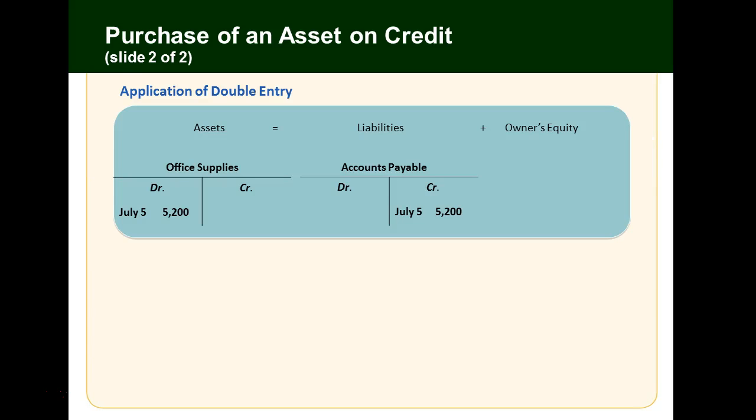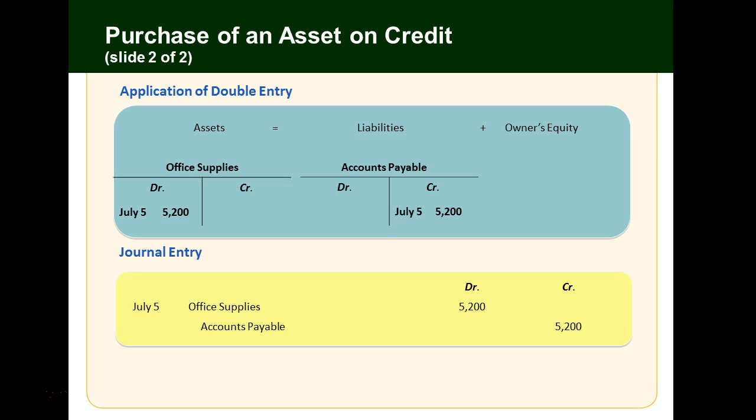So do you see here our assets got increased $5,200 by debiting them? Our liabilities, called accounts payable, is the classification, was increased $5,200 by crediting it, wasn't it? Do you see the journal entry?